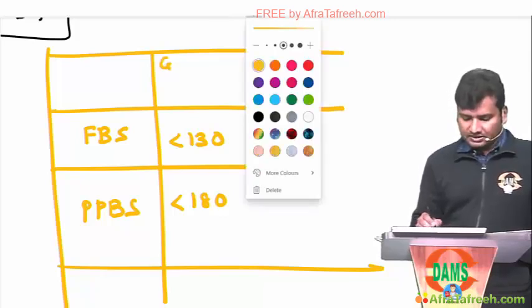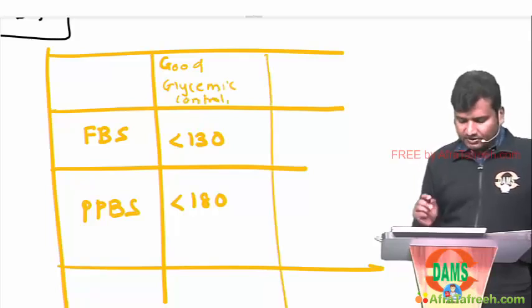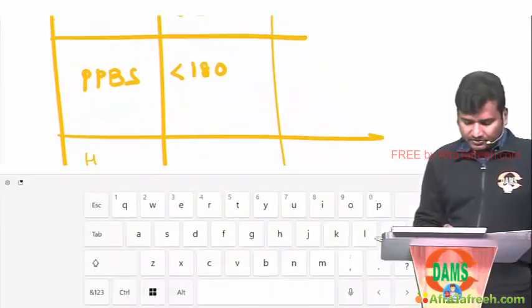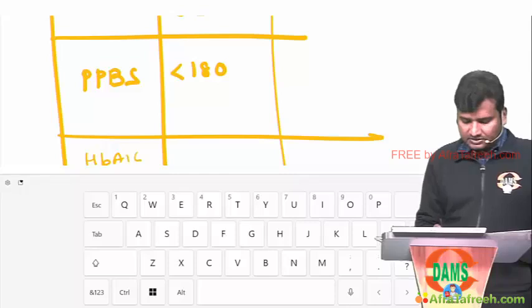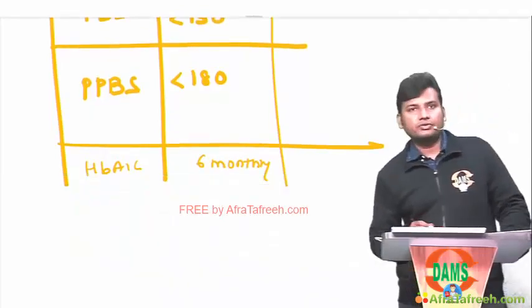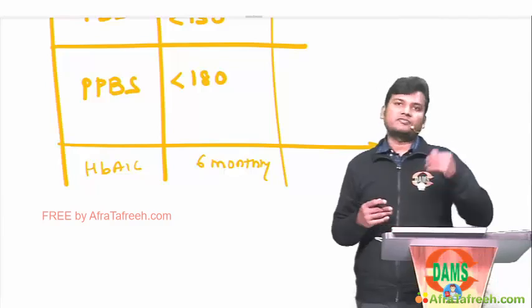Our patient is having good glycemic control. And if our patient is having good glycemic control, then we repeat HbA1c 6 monthly. If our patient is having good glycemic control, then we will repeat HbA1c after 6 months.